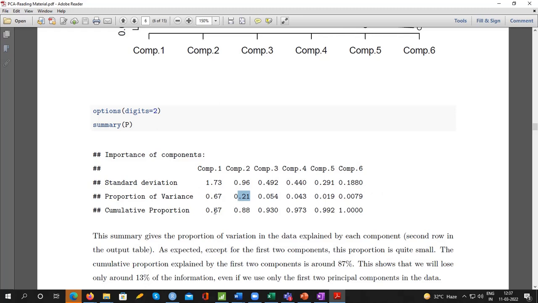You can verify these calculations, and cumulative proportion is simply the cumulative sum of this vector. We can see here that the first PC explains 67% of the variation. The first two PCs together explain 88% of the variation, and so on.